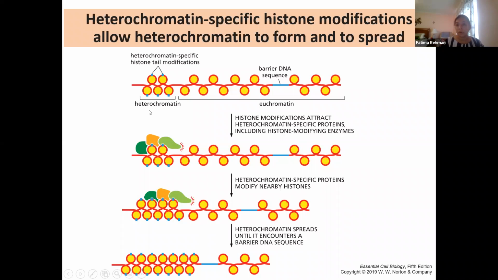You have heterochromatin, which is more tightly packed, and that's indicative of areas that are either not used at all or areas that are very rarely used. And then there are areas of the genome that are going to be more loosely wrapped, the typical wrap around the nucleosomes. And those are areas that are going to be activated more often.